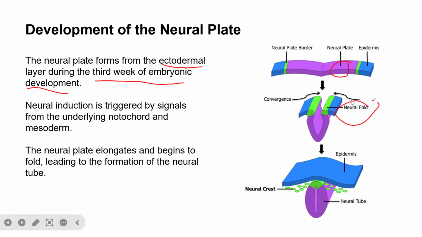This is where the neural plate begins to fold. After the folding, it will lead to the formation of the neural tube. As you can see, the neural tube is generated by folding of the neural plate. I hope you understand at this point. First, the neural plate is developed, then it elongates, and later it folds, which leads to the formation of the neural tube.